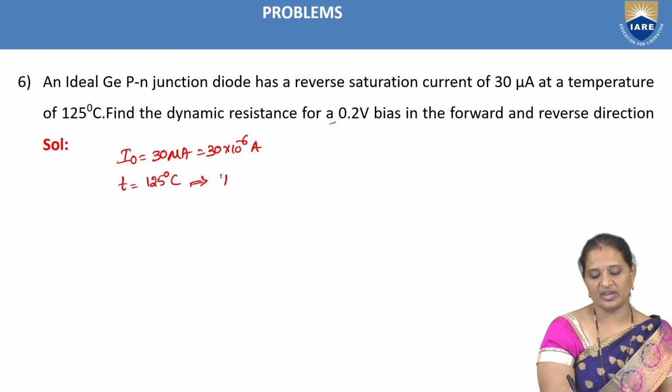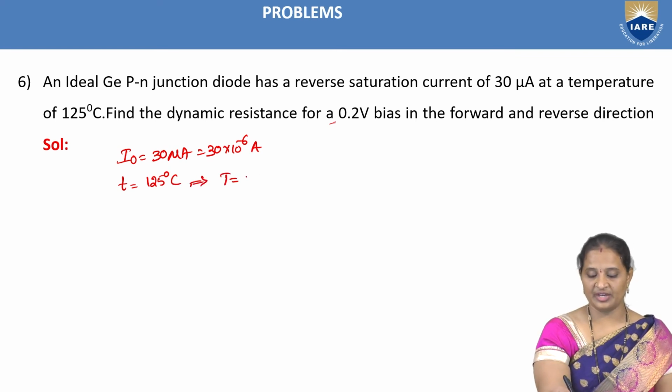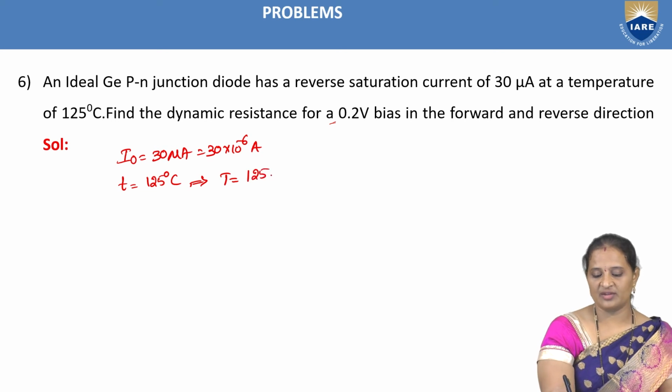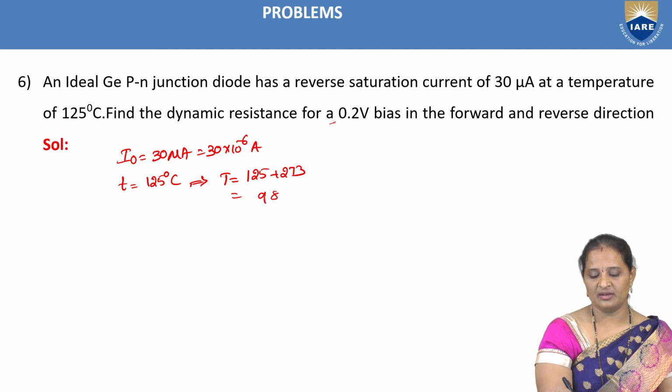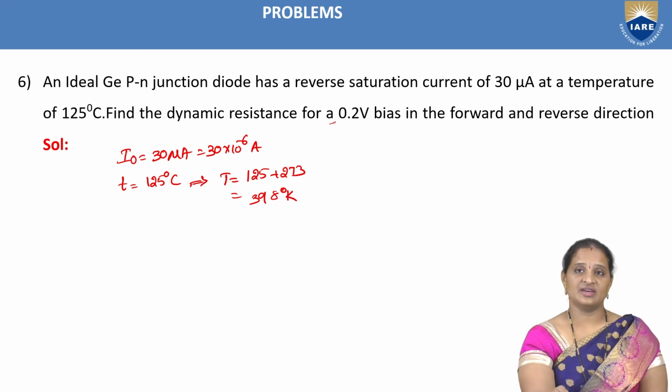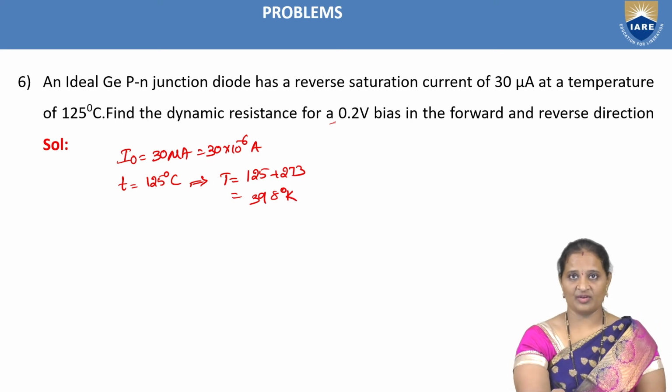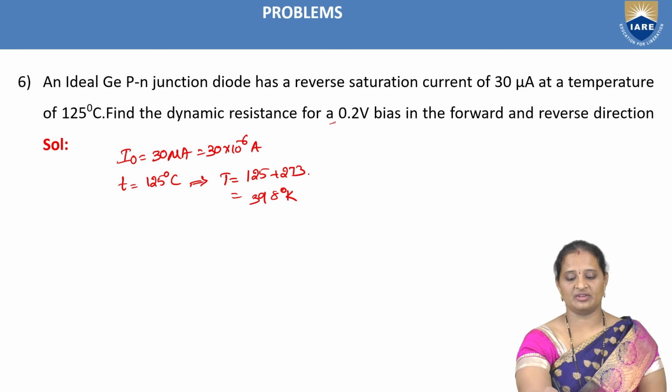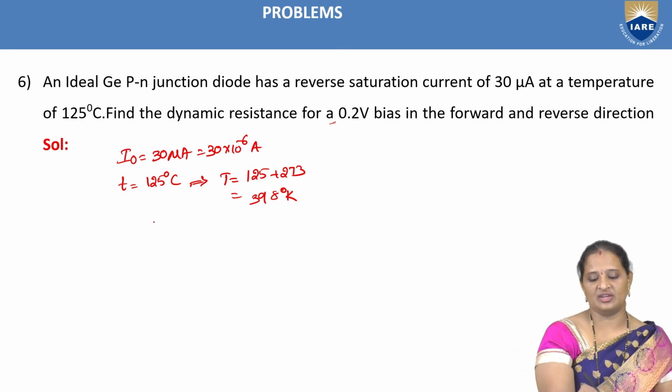Now from this you can calculate temperature in degrees Kelvin, that is 125 plus 273, which is 398 degrees Kelvin.